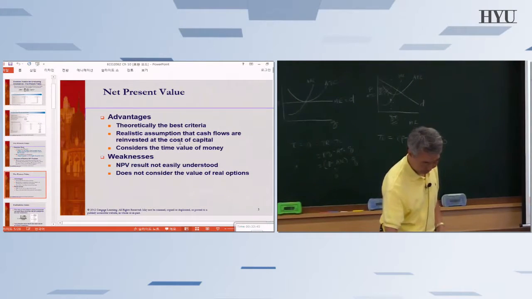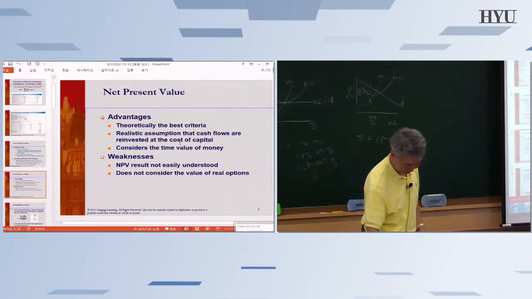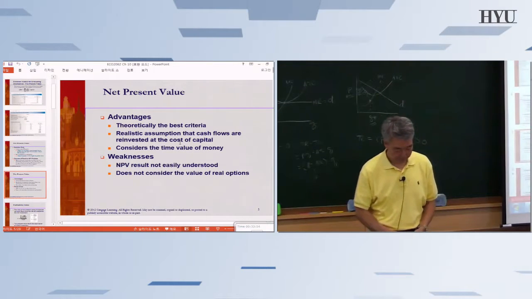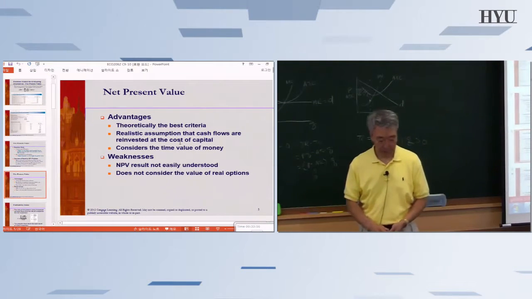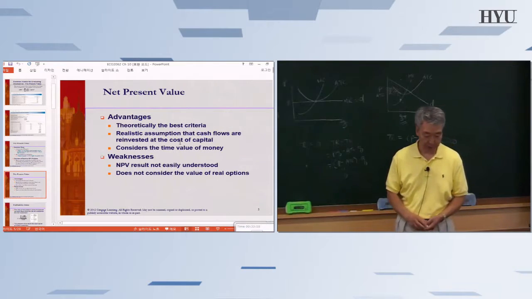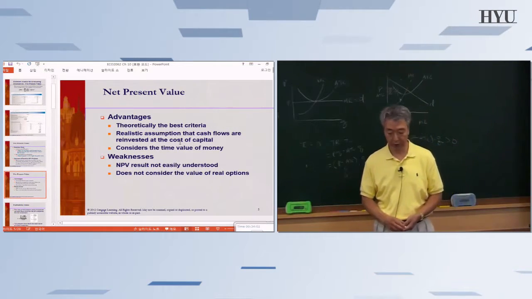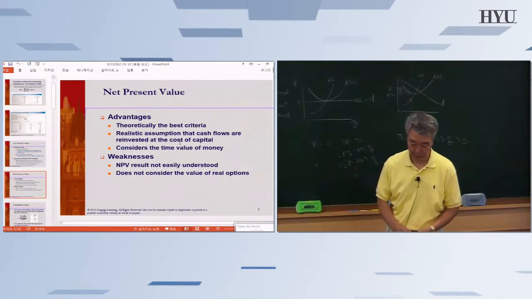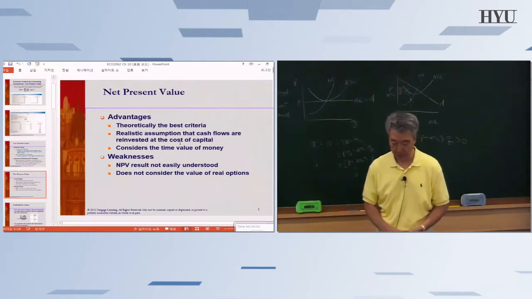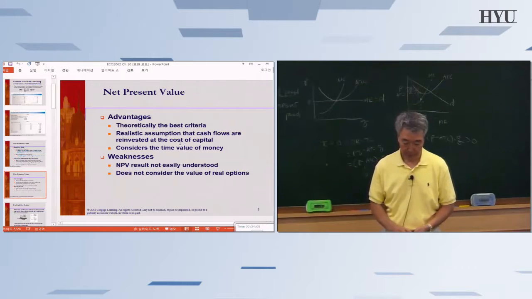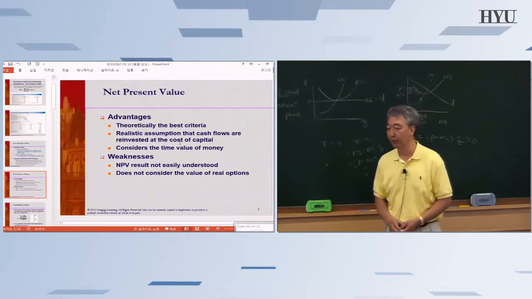All right. We're going to talk about some other methods, some other ways to come up with the decision, right? It's a little bit out of order, but to give you the conclusion first, the NPV method is the best.